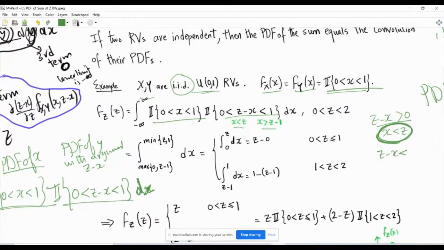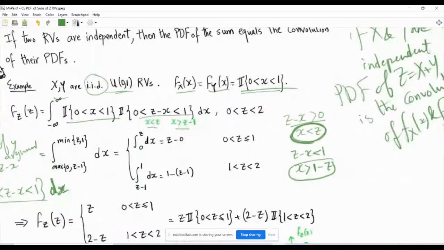Now z minus x less than 1 means that, if you move x to the other side, x is greater than z minus 1. So x should be less than z and less than 1 from the first indicator, and x should be greater than z minus 1 and also greater than 0 from the first indicator. The first indicator tells you that x is between 0 and 1; the second tells you that it's less than z and greater than z minus 1.